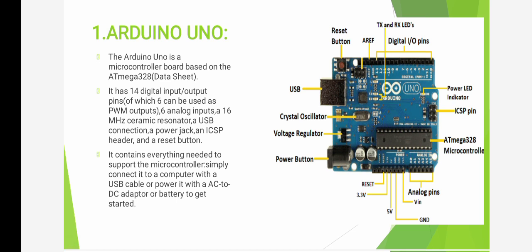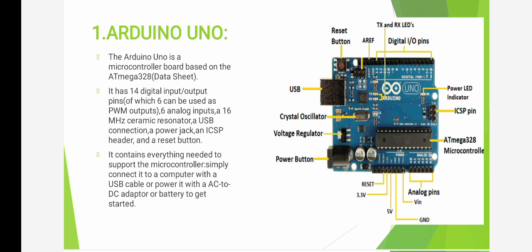The next one is Arduino Uno. Arduino Uno is a microcontroller board based on the ATmega328 datasheet. It has 14 digital input output pins, of which 6 can be used for pulse width modulation outputs, 6 analog inputs, a 16 megahertz ceramic resonator, USB connection, a power jack, an ICSP header and a reset button.